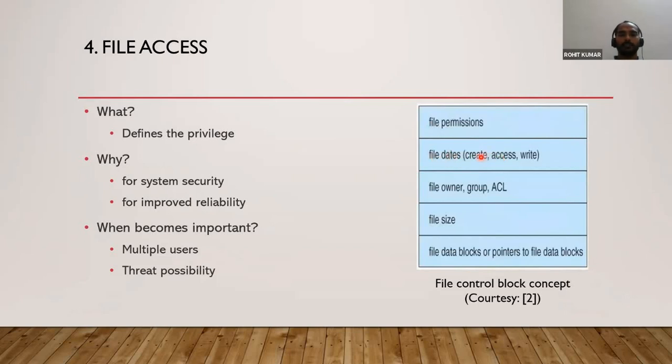Then the different dates when you modified that file; how many dates you manage depends on the system structure. Then who is the file owner? Then is there any specific group that has the authority to open the read-write access to that file? Then the access control list, which changes its values from time to time. Then the file size. Then the file data blocks, or pointers to different file chunks.